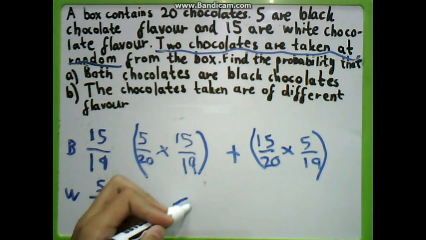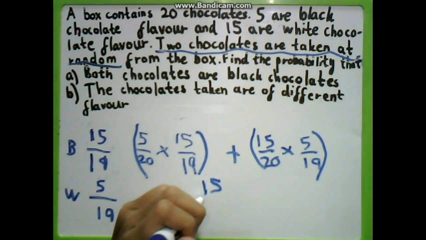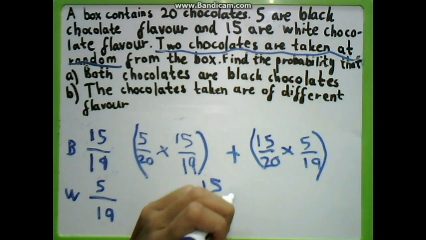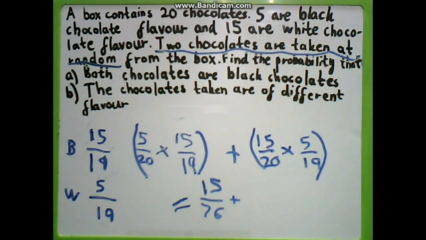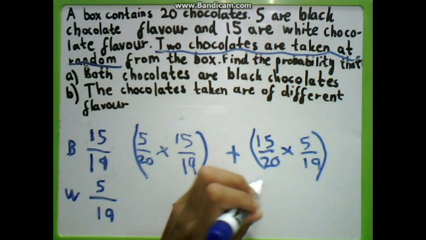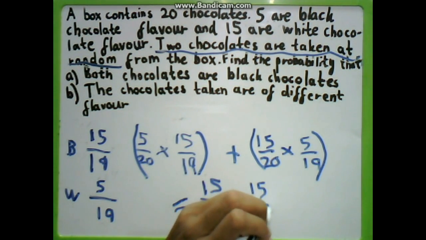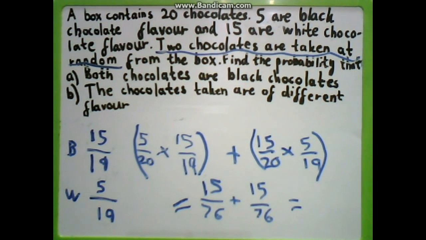So calculate that. 5 over 20 times 15 over 19, you get 15 over 76 plus 15 over 76, which I figured out is the same, but anyway, I'll do it anyway.